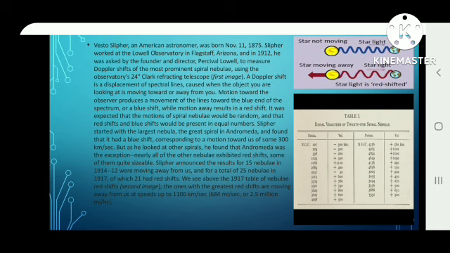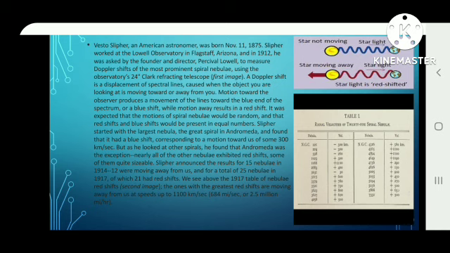But the other galaxies are moving fast. What we see in the spectrum is that Andromeda is blue shifted, corresponding to a motion towards us of some 300 km per second.